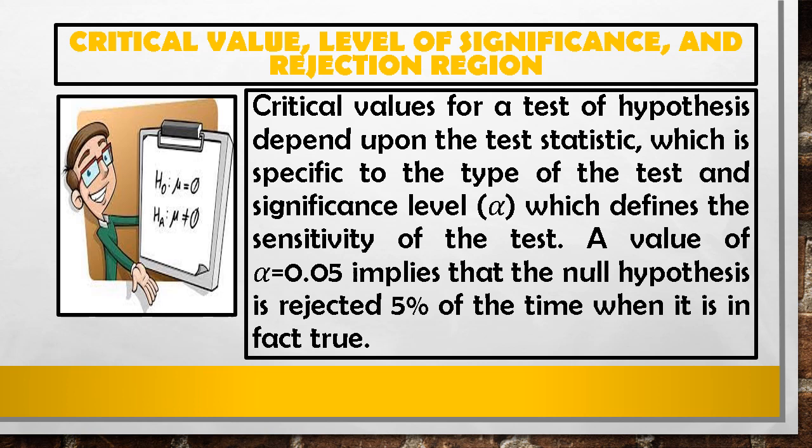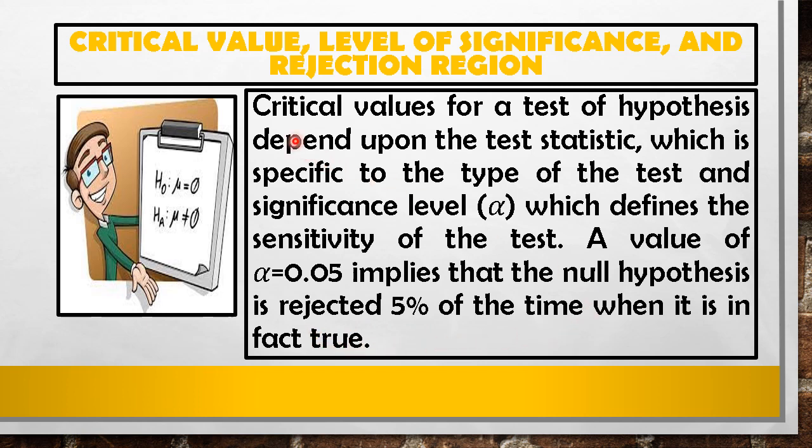Critical values for a test of hypothesis depend upon the test statistic, which is specific to the type of the test, and significance level, which defines the sensitivity of the test. A value of 0.05 or alpha equal to 0.05 implies that the null hypothesis is rejected 5% of the time when it is in fact true.